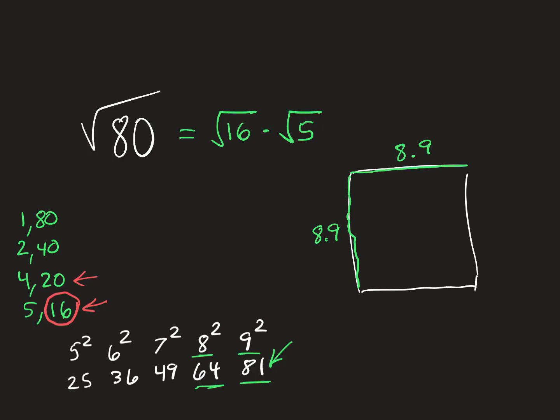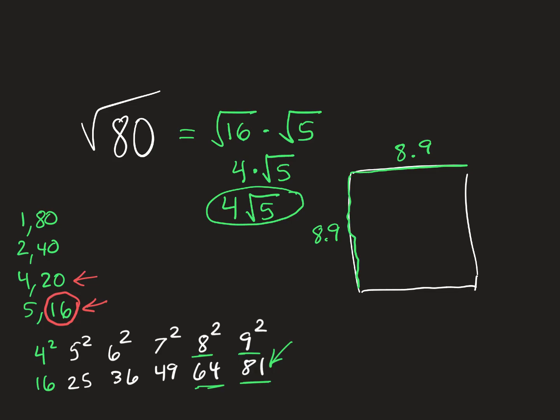And I know the square root of 16 is a perfect square, which is 4. I actually didn't include it in my perfect square list, so I'll put it here at the bottom. And that would be 4 roots of 5. Remember, we don't need the times sign, so we can rewrite this as 4 square roots of 5, making that middle step unnecessary. So 4 square roots of 5 is about 8.9 when you do that multiplication.